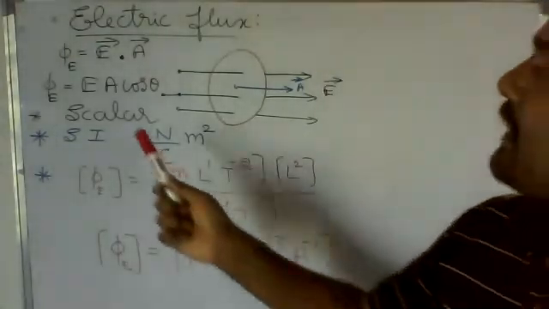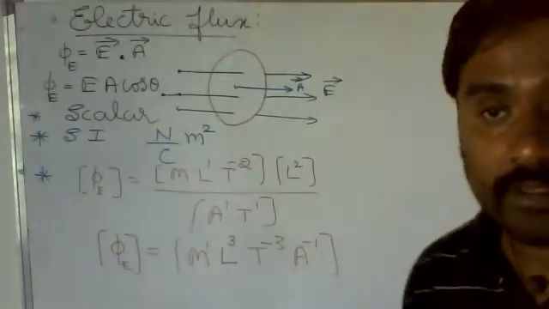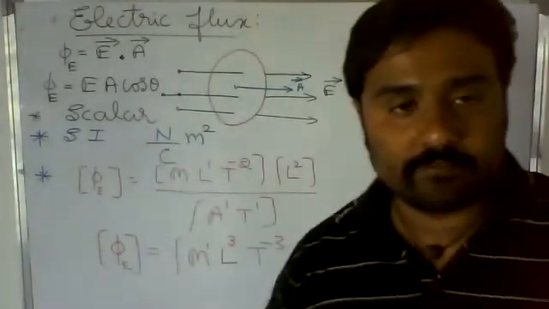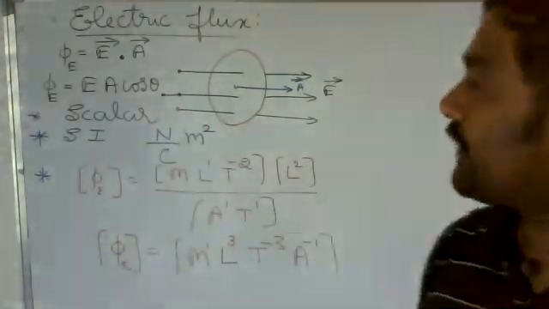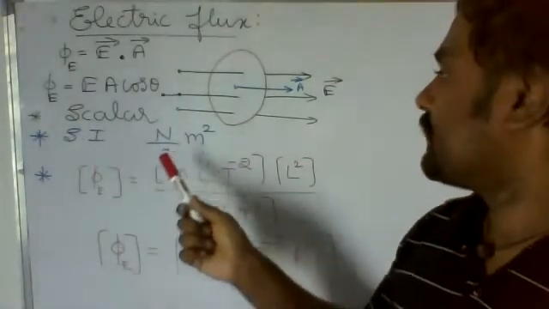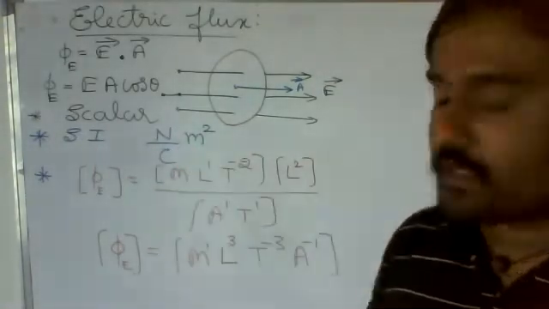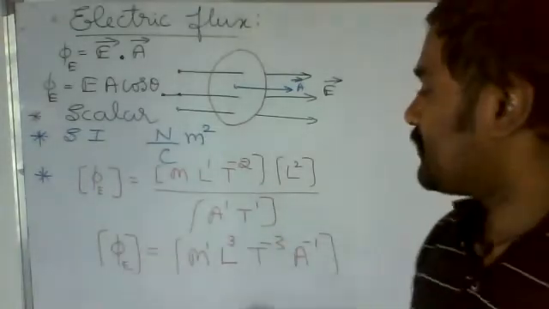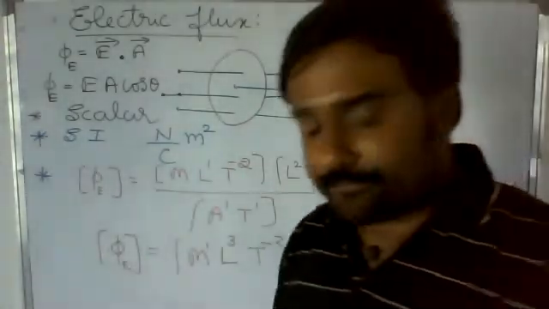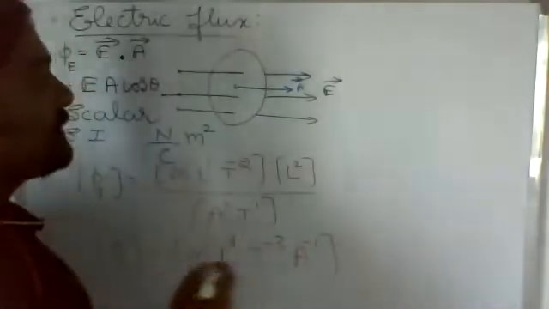Electric flux is a scalar physical quantity, its SI unit is Newton per coulomb into meter square, and this is the dimensional formula. Okay, now let us consider again.